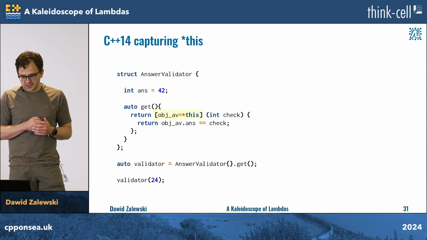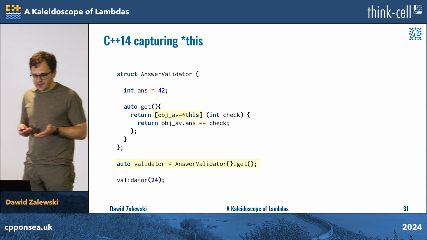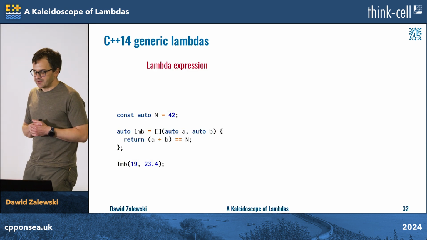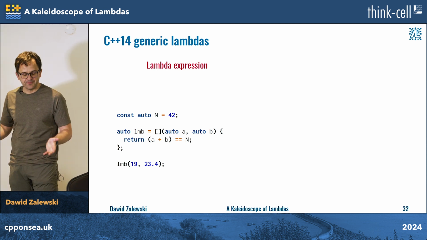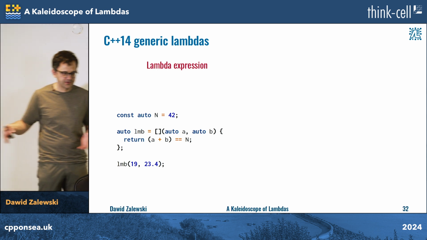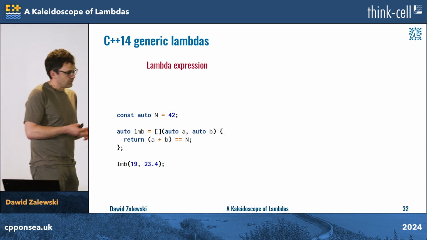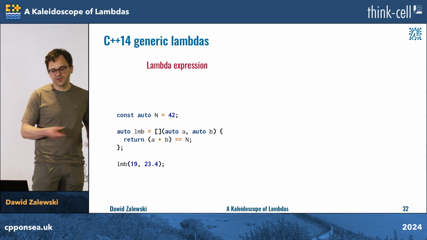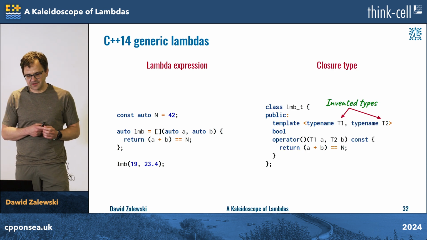The next big thing that came with lambdas in C++14 is generic lambdas, with the auto types. So you can specify auto whenever there is a parameter in the lambda, and then reuse these lambdas for multiple purposes, whatever you want. Now, the only problem is that auto comes with an ugly side effect.